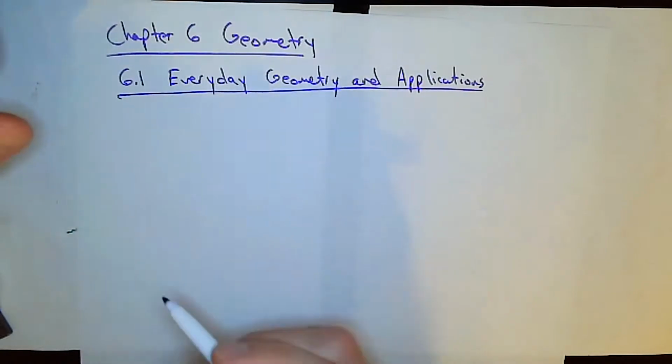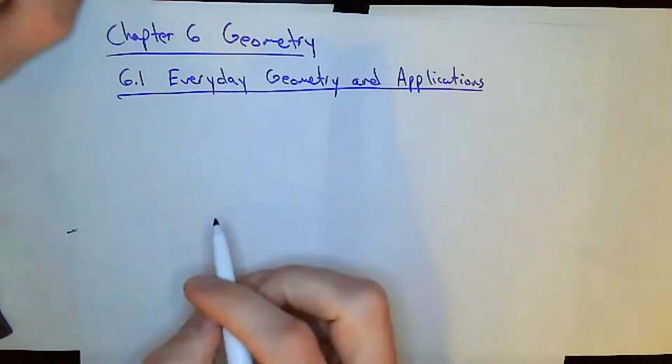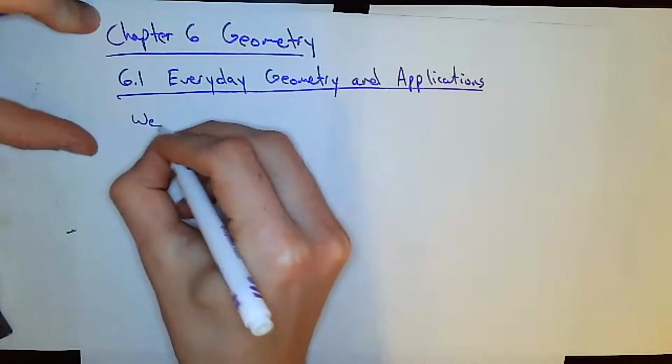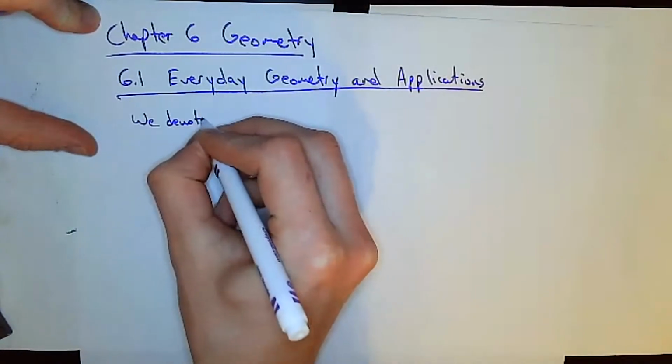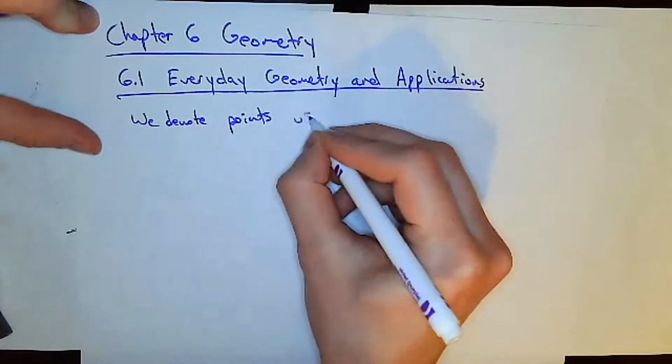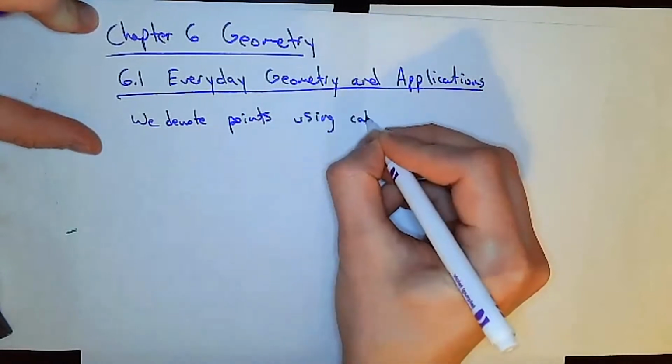So let's start off with some definitions for point, line, line segment, ray, and plane. We're not really going to talk about planes too much, but it still doesn't hurt to write down the definition. We denote points using capital letters.